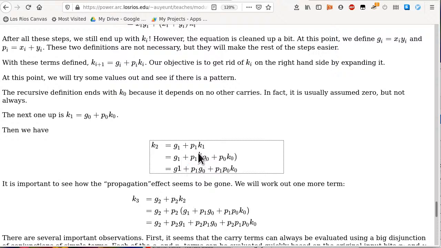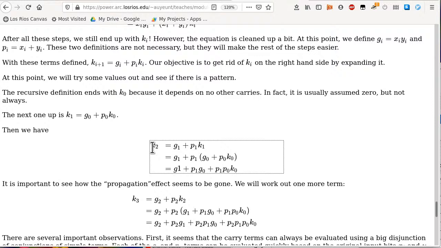After we perform the distribution, we can see that we have 3 terms for the disjunction, and each term can be as simple as just a G term, or a conjunction between the P, G, and also the K0 term. So this fixes the number of levels of gates that we need in order to compute K of 2.